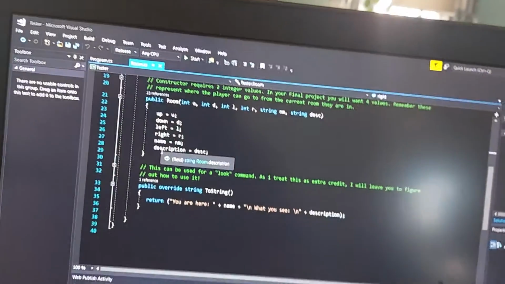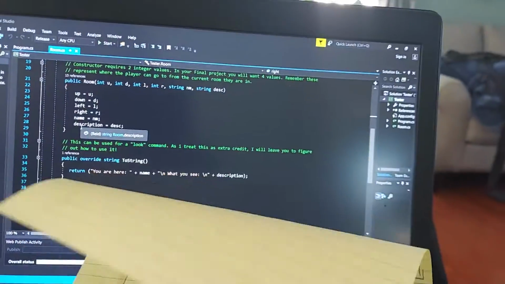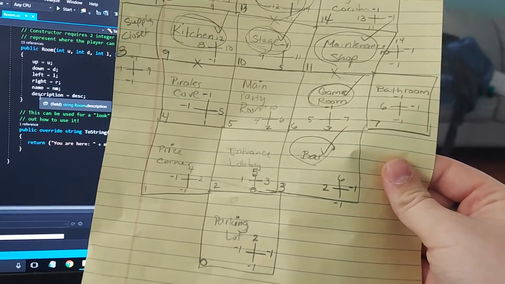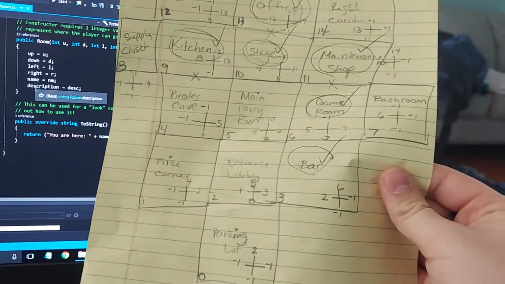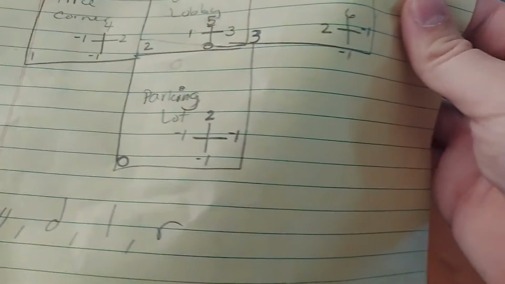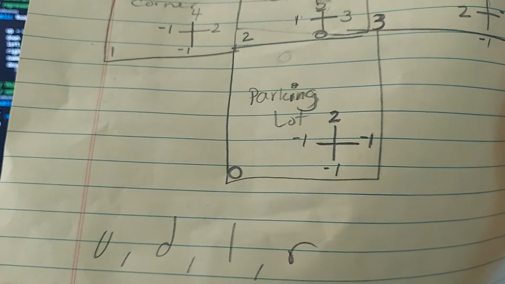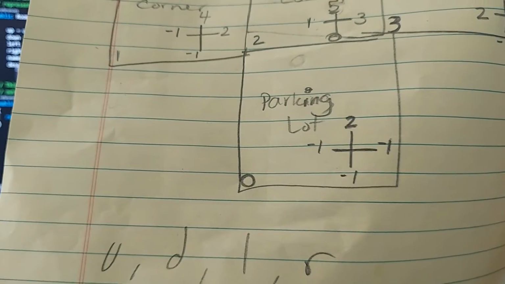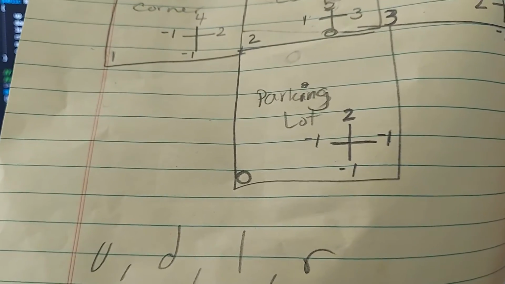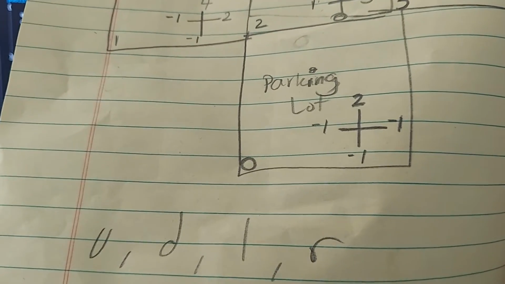So before I press start, I made a chart, basically a map telling where the player can and can't go. If you look right here at the plus sign, you see a 2 at the top and -1s at left, right, and down.